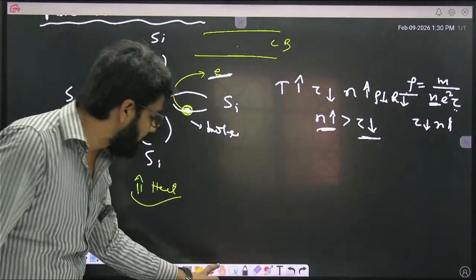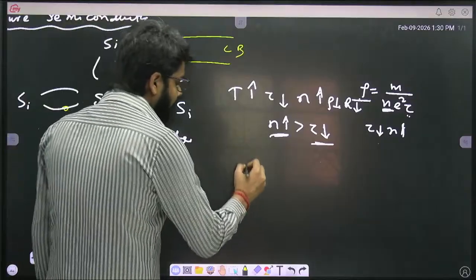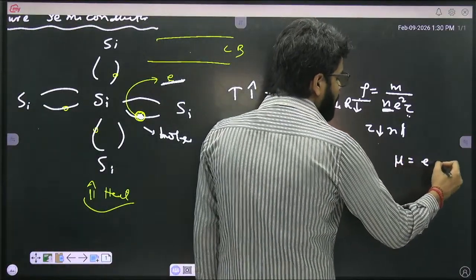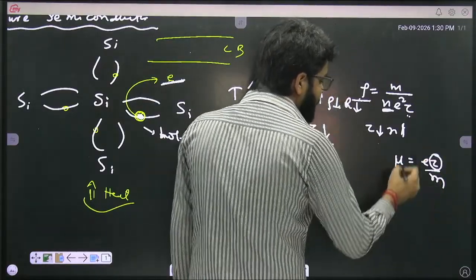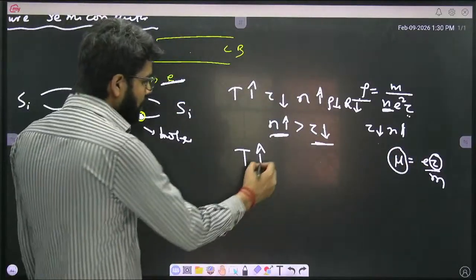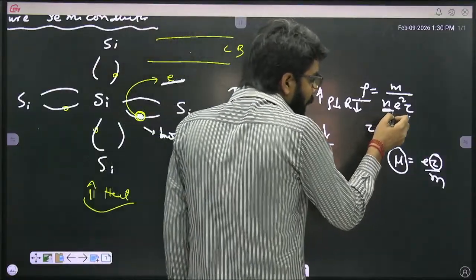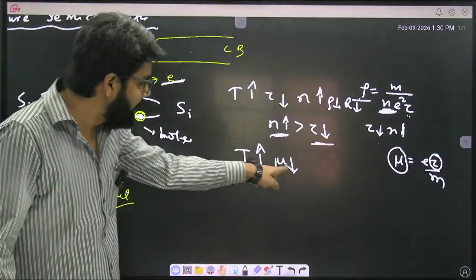And what happens to the mobility and the conductivity? When temperature increases, what is the formula for mobility? Mu is equal to E tau divided by M. So when tau decreases, mobility also decreases. The number of charges increases, mobility decreases.